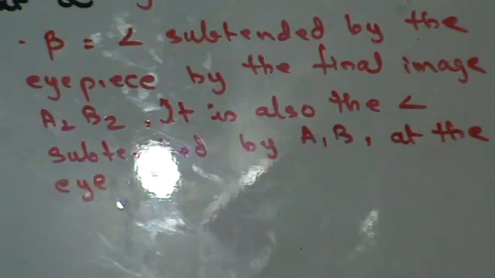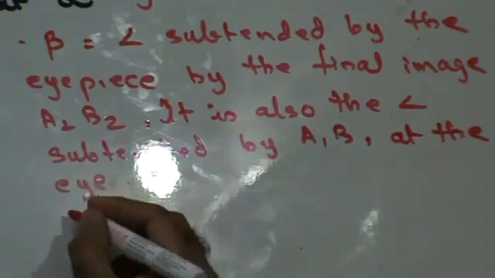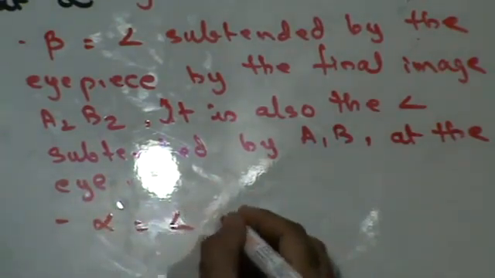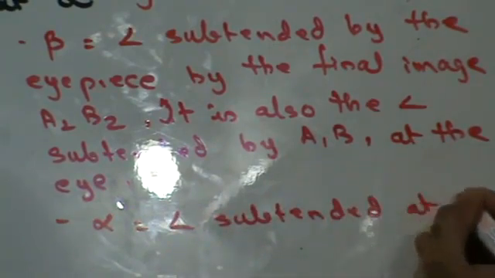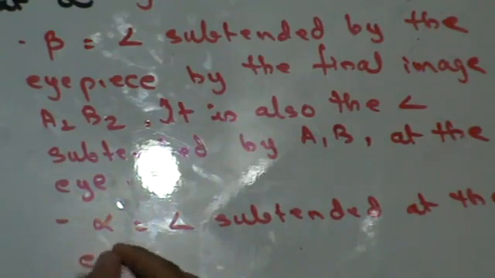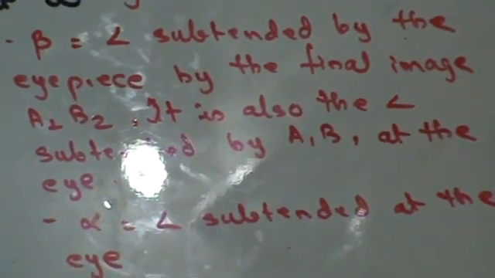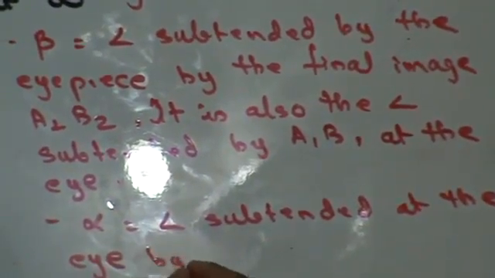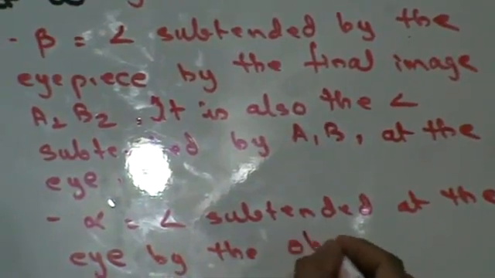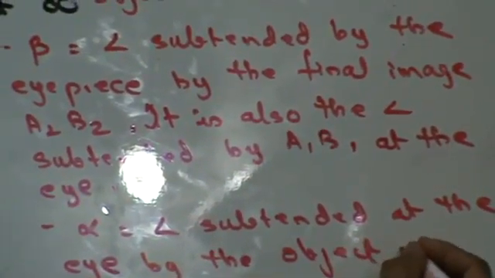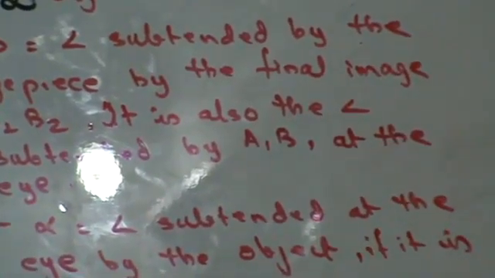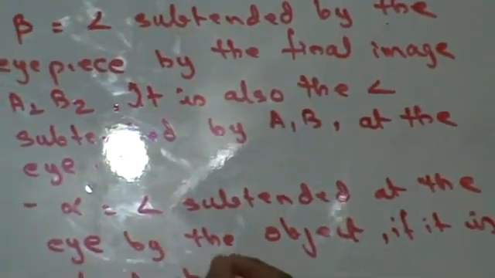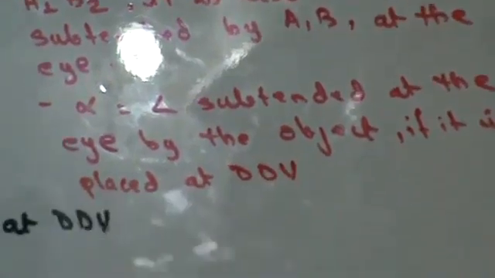Now let us assume that alpha is the angle subtended at the eye by the object if it is placed at DDV, right?